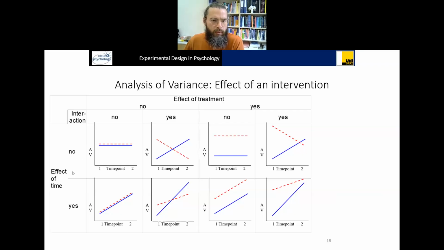But you have a main effect of time, because the lines differ from each other, but you have no effect of treatment because the average of them both is still comparable.